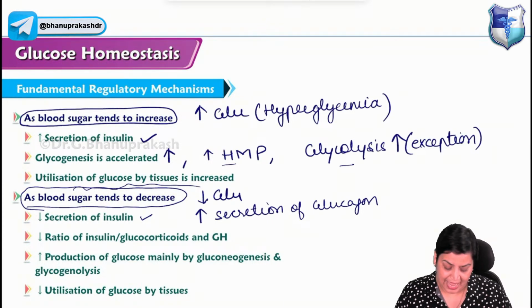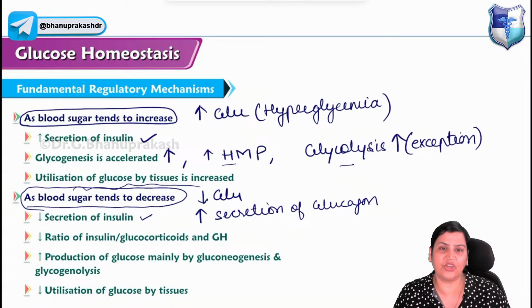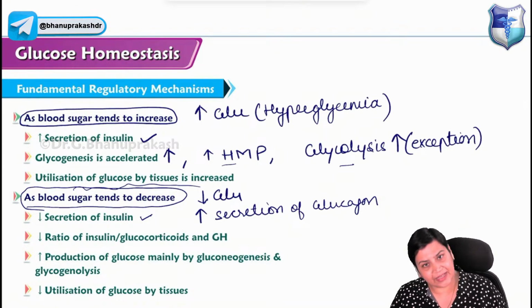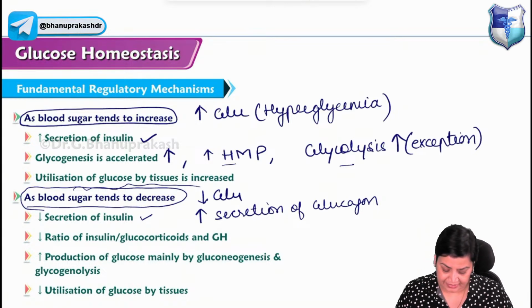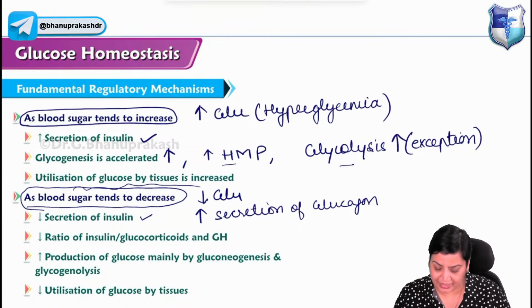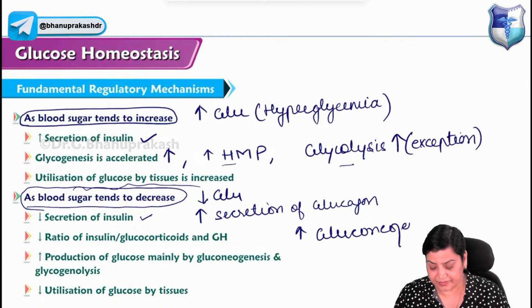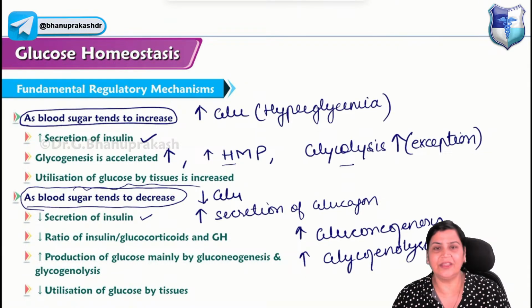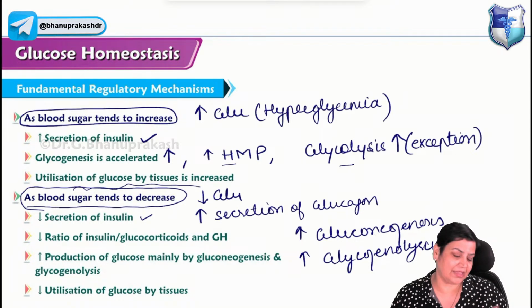Got my point? Obviously, if the secretion of insulin decreases, the insulin to glucagon ratio will also decrease. So now what will increase? Gluconeogenesis will increase. Glycogenolysis will increase, so that the tissues get glucose and can function. Clear?